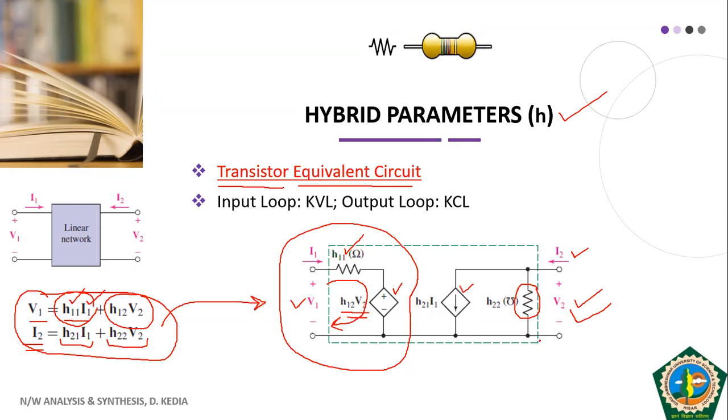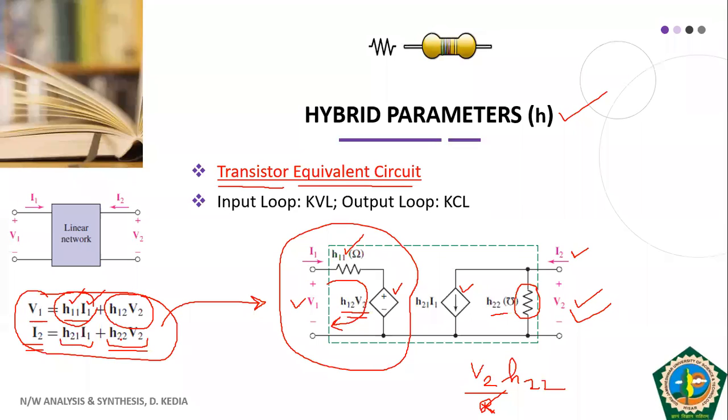Now if we want to find out the current across this one, how much will it be? The current across this will be the voltage across this branch, which is nothing but V2, divided by some equivalent resistance R, V2 by R. Okay, and 1 by R is nothing but your admittance, and that admittance has been represented by H22. So this will give us V2 multiplied by H22. This is what is there in the equation.